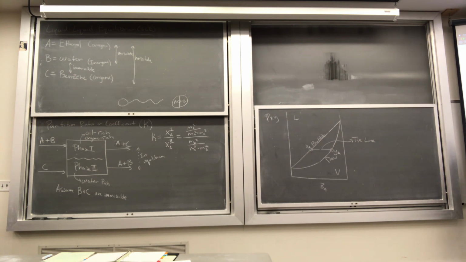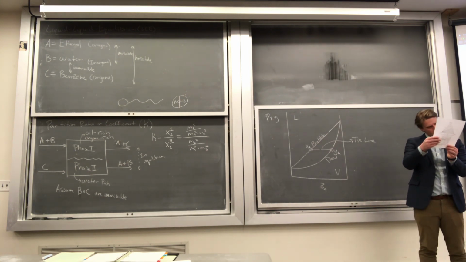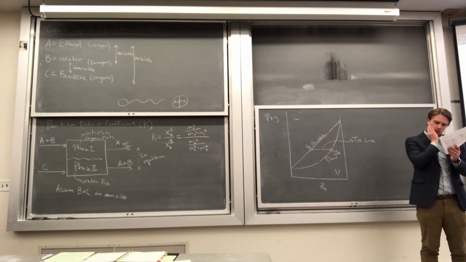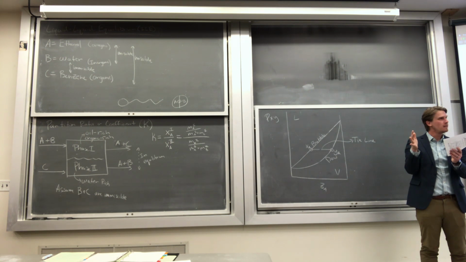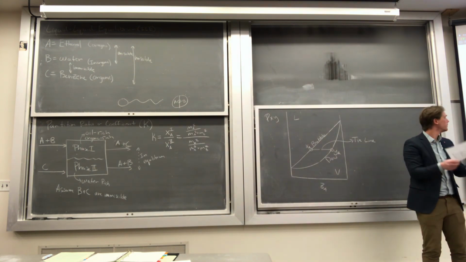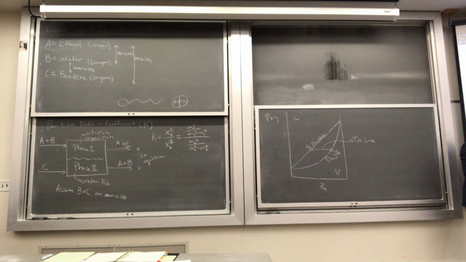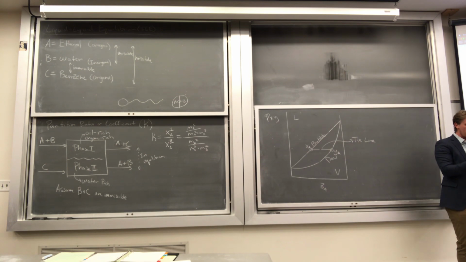Now the A-rich phase. Again, I would go to this tie line and follow it all the way down to that point. If I'm looking at that point, it looks like it is about, I would say, 93% A. Wait, isn't that below the 9? Oh, I'm looking at the wrong... Yeah, the corner is 100, and the next line is 90.